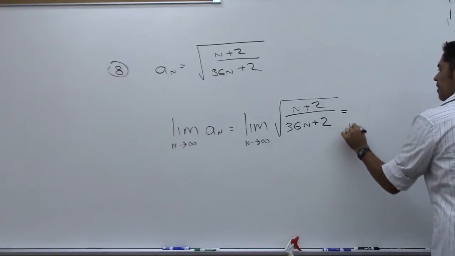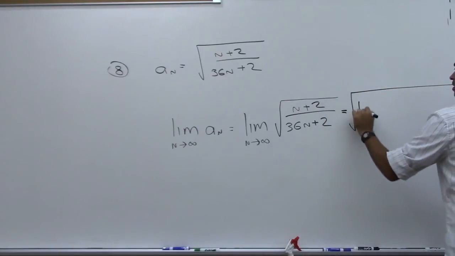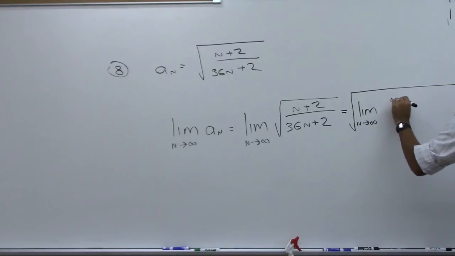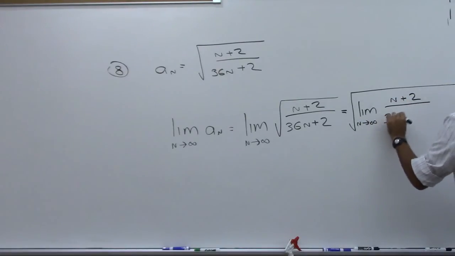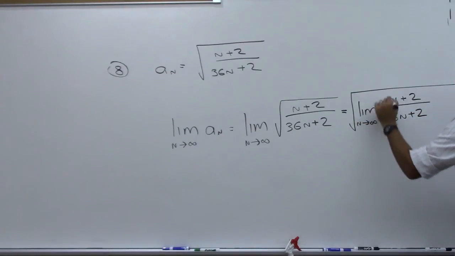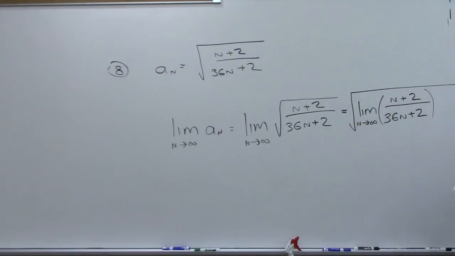Now, this is equal to this. So using the limit laws, you are allowed to move that limit inside the root. And that's all I want to show you. Because if you can move the limit inside the root, then all you have to do is the limit of this, and that's like number 6.